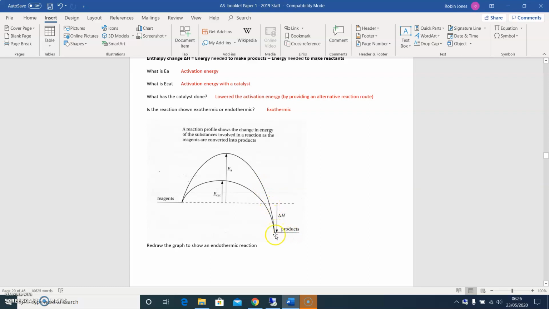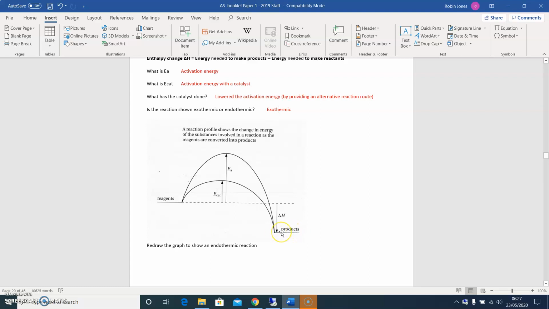And by the time it finishes as a product and falls back down to Earth, and stops reacting, if you look at the amount of energy that the firework had at the beginning, when it was packed full of firework chemicals, I needed some energy to make it react, and then it gave out a lot more energy than I needed to put in. I only needed to light it with a match, and then it gave out a load of energy as it shot into the sky and exploded.